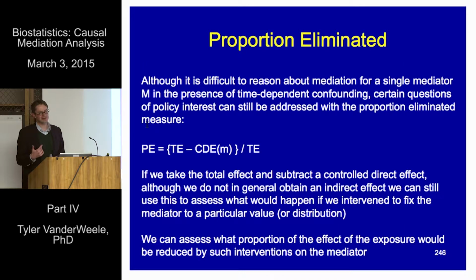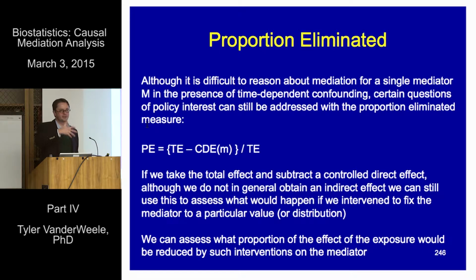We might also ask, though, do we really care? Do we really care if we can't get the natural direct and indirect effects? We talked about at the beginning of the course that really for policy purposes, it's the controlled direct effect that's relevant. It's the controlled direct effect that asks the question, how much of the effect of the exposure would be left over if we intervened on the mediator?